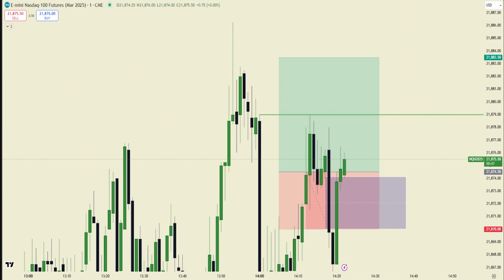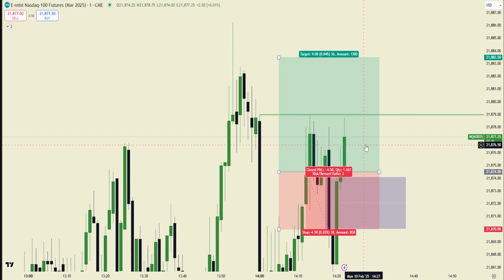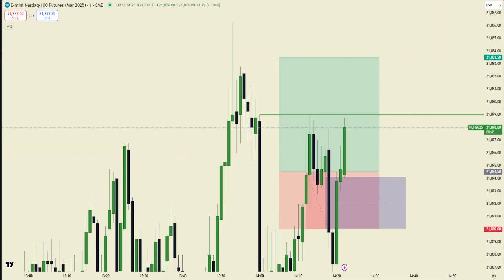So yeah, there's almost the equal highs there. We took out high of day on ES. Almost made more equals there. Maybe NQ hits high of day too.